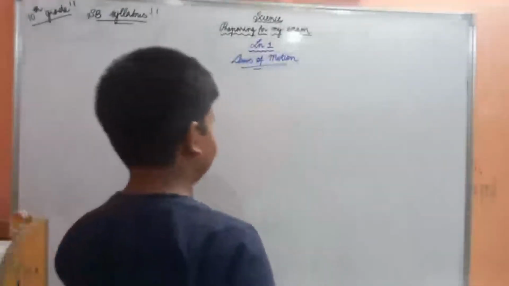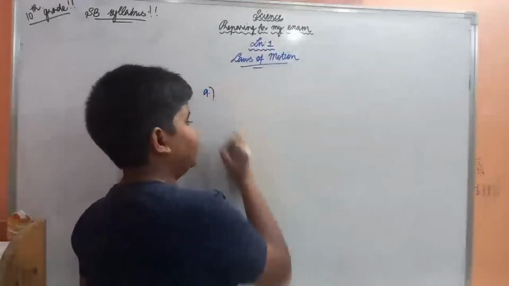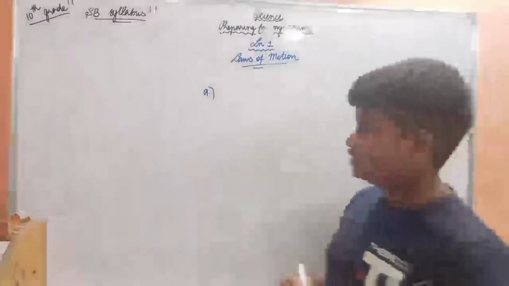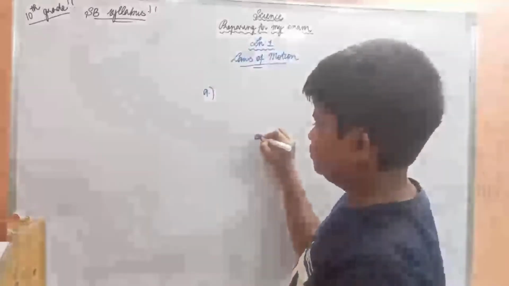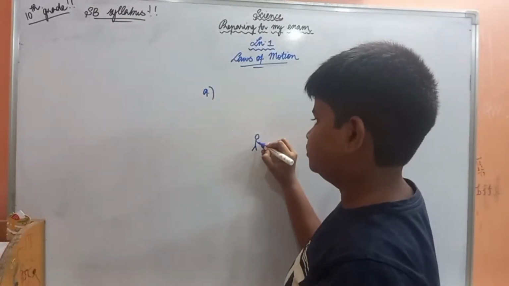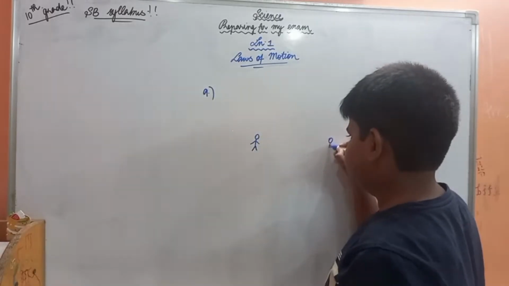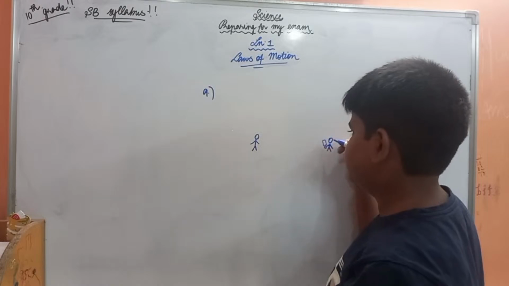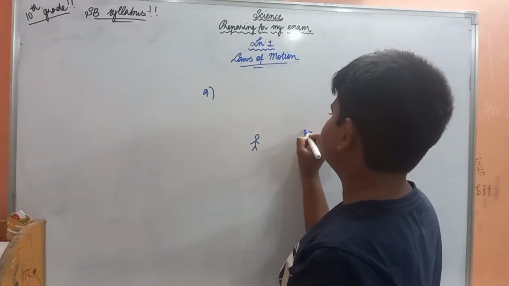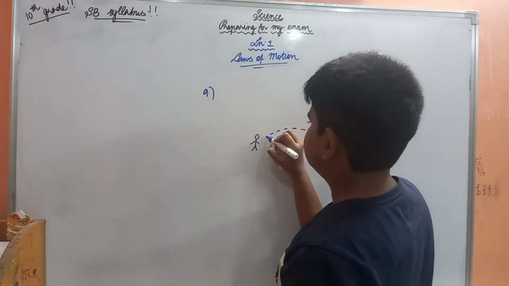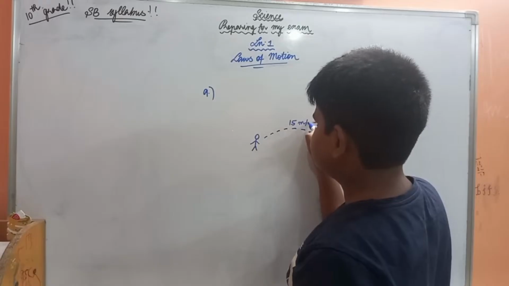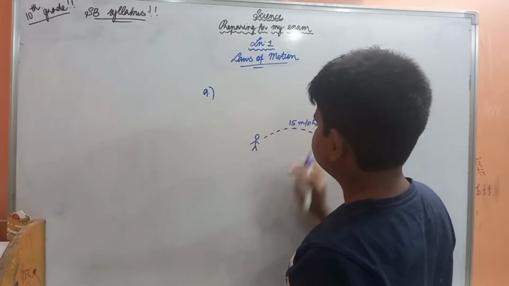So the 9th question asks why a cricket player holds down his hand while grabbing the ball. So imagine you're a player over here and someone hits with the bat and the ball is coming towards you at 15 miles per hour.